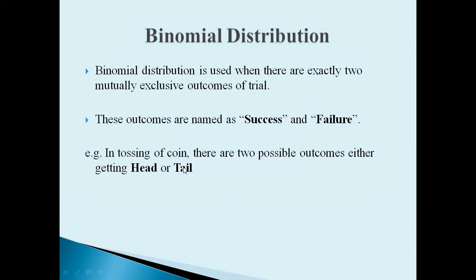Second example, if a student appears for an examination, there are only two possible outcomes: either the student will fail or pass. That means if the trial has only two possible outcomes, we have to use the binomial distribution.